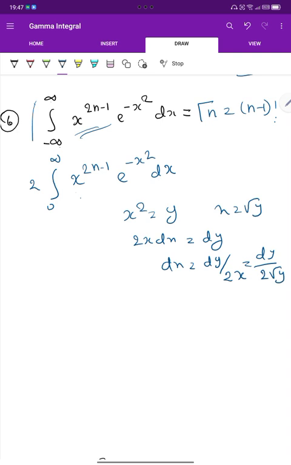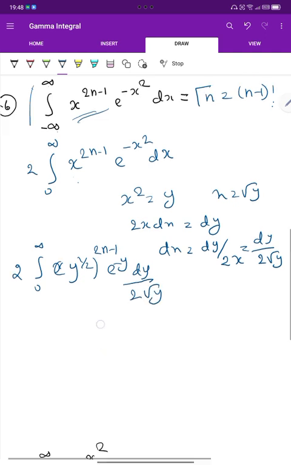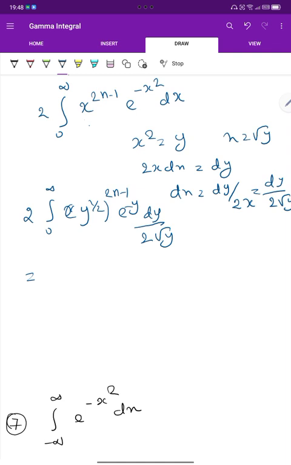Substituting this into the integration 0 to infinity x. Okay, what is the value of x? x is equal to y raised to 1 by 2, whole raised to 2n minus 1, and e raised to minus y, and dx is equal to dy by 2 times root y.